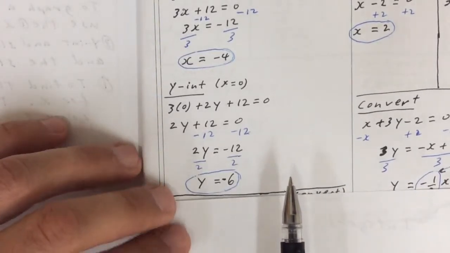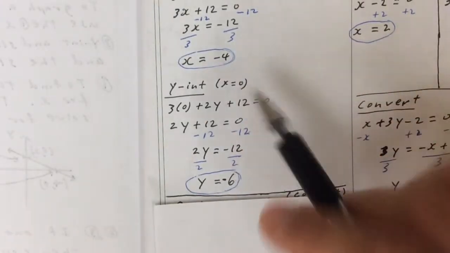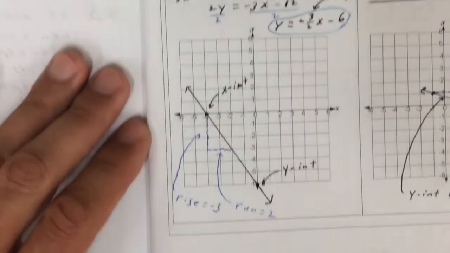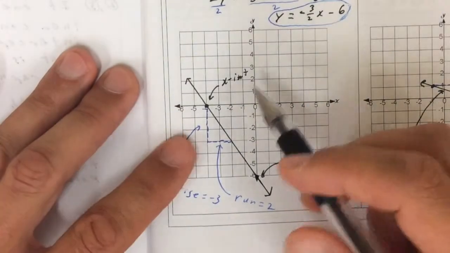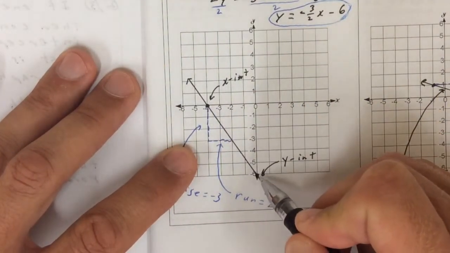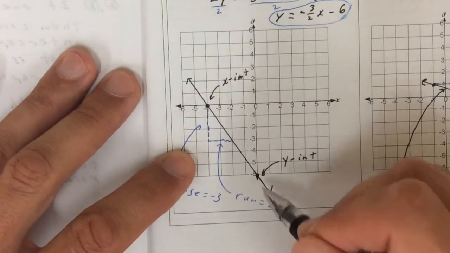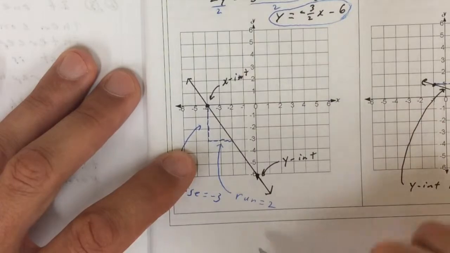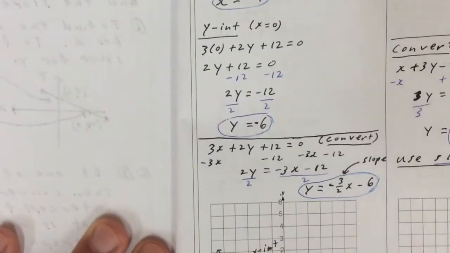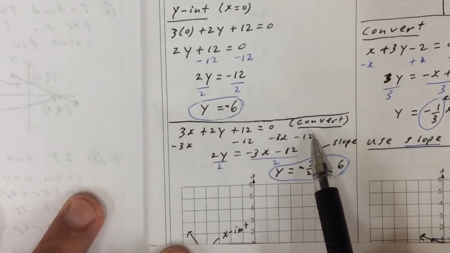So we have an x-intercept of -4 and a y-intercept of -6. Put this on the graph and draw the line through it. You just need 2 points to draw a line. Just to check, you don't need to do this, but let's convert this to slope-intercept form.